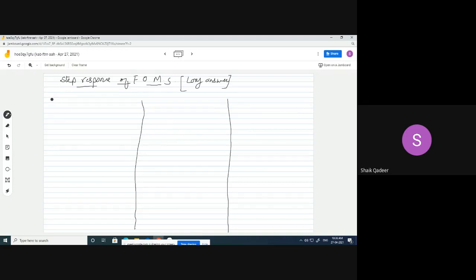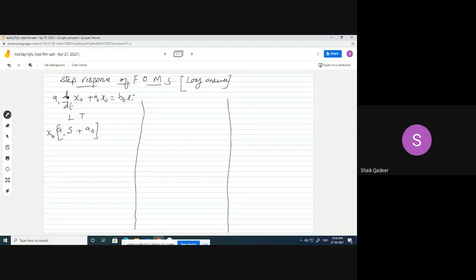First write down the first order differential equation. Please see your notebook and help me. a1 d by dt of x0 plus a0 x0 is equal to b0 into xi. Apply Laplace transform on this equation. You will get (a1 s plus a0) whole times x0(s). Can I write like this?